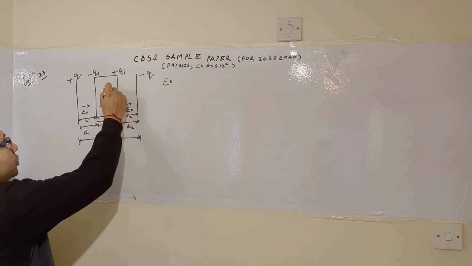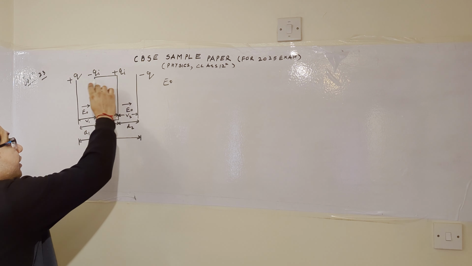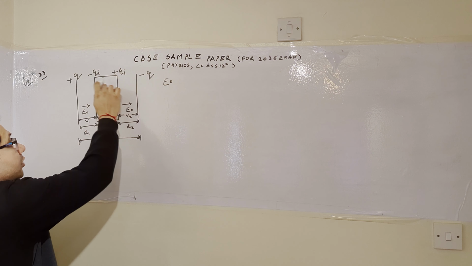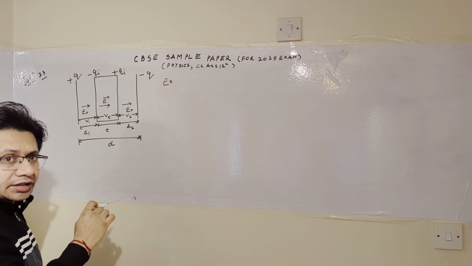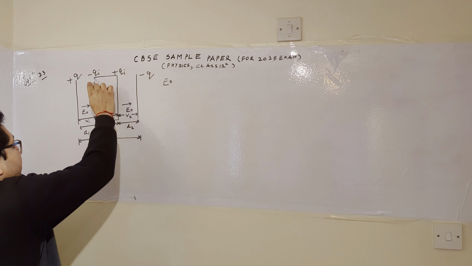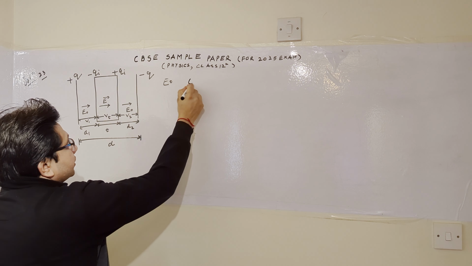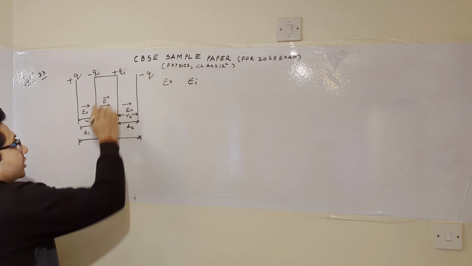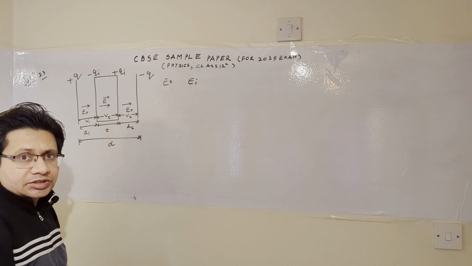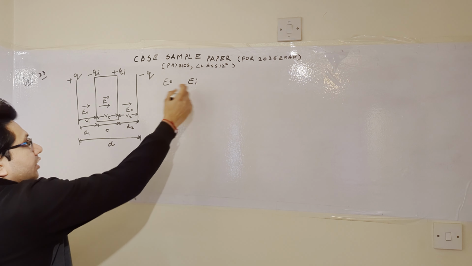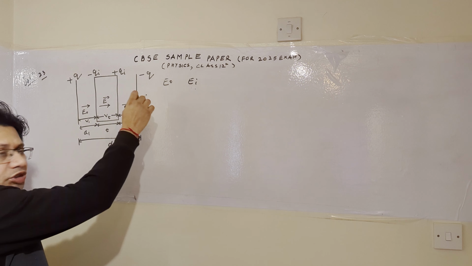The induced charges, minus qi and plus qi, are on the respective faces of the dielectric, and correspondingly the electric field due to these induced charges is E sub i. E sub i is the induced electric field due to the induced charges.